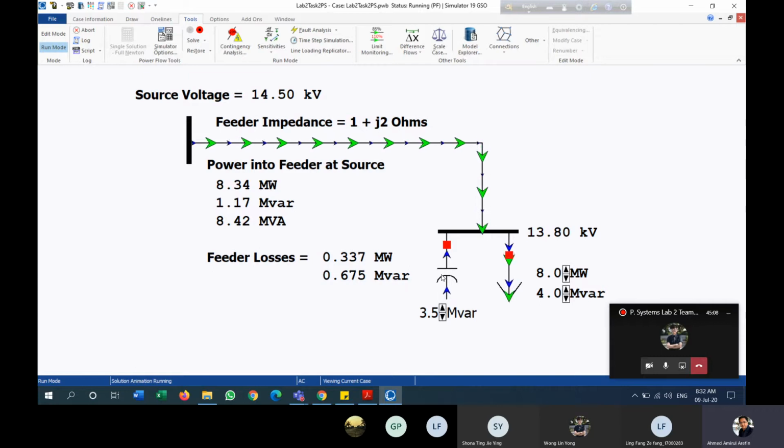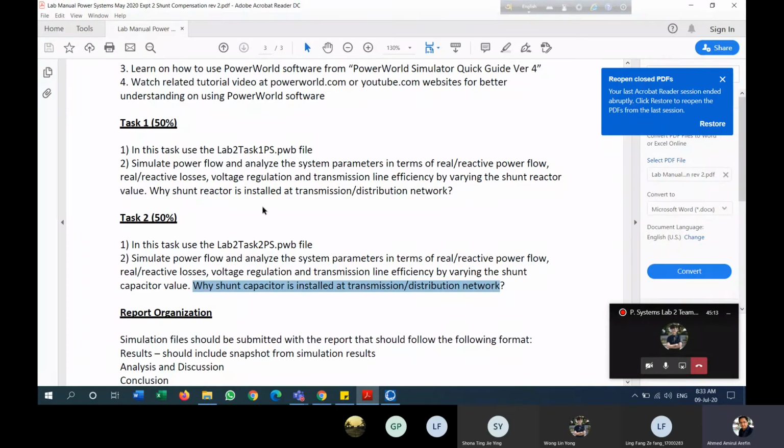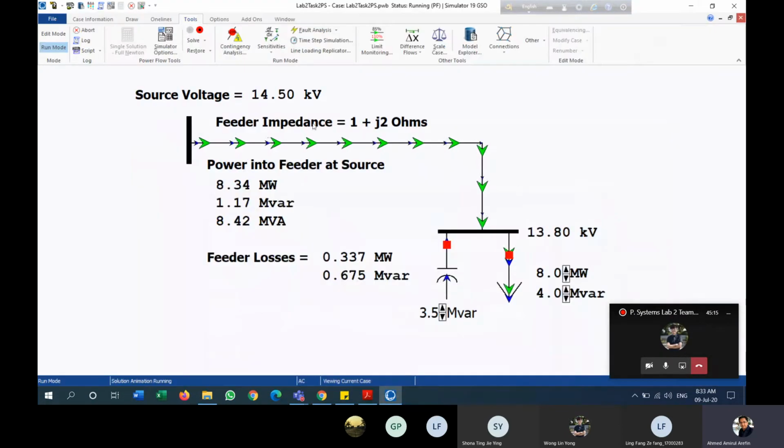So we all have this task 1 and 2. The only change between the tasks is how much analysis you can do here. How your sending end voltage, your receiving end voltage, the power from sending to receiving, and the losses change, and how deep your analysis goes. Analysis means you need to write down that it is increasing or decreasing. You need to make a comparative study.